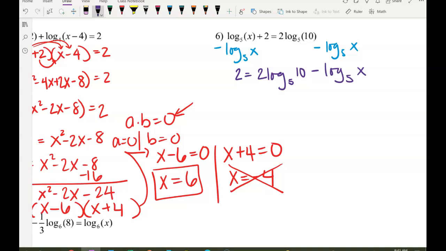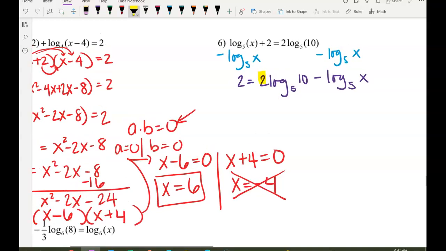We have to rewrite it. Whenever we have a leading coefficient in a log, how do we rewrite it? It's an exponent. So we have to rewrite this as log base 5 of 10 to the second minus log base 5 of x.